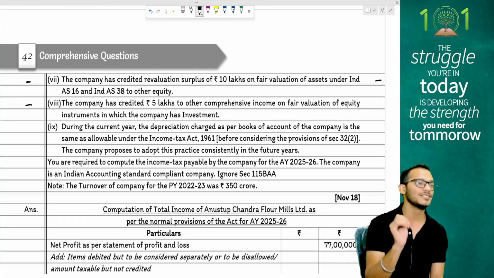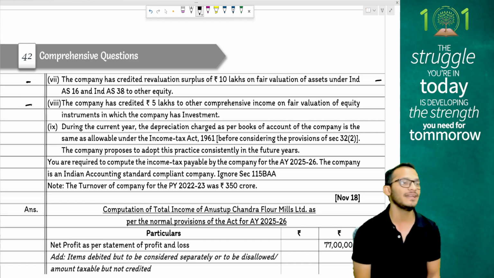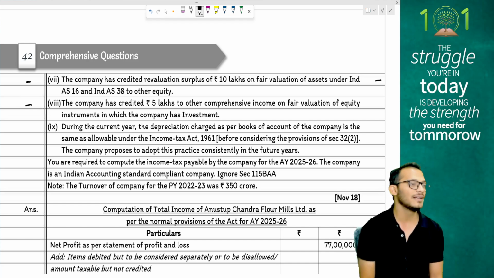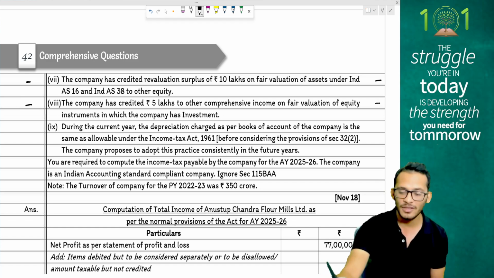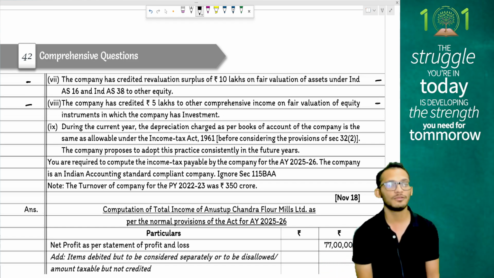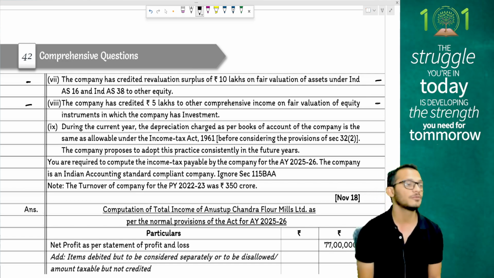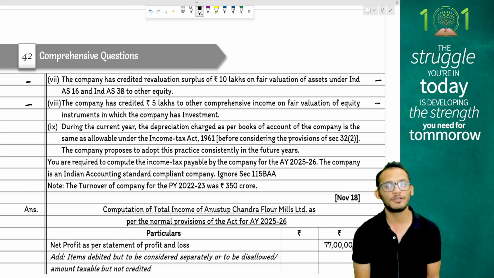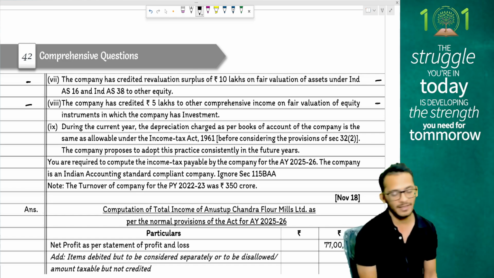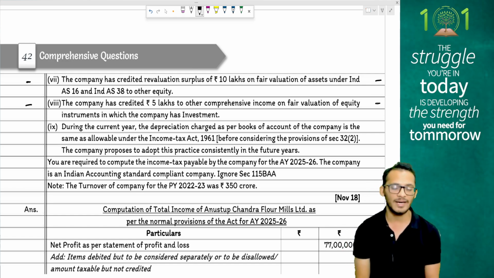It's fair valuation. Income tax says any fair valuation will be ignored. Ignore it for MAT also, unless it is certain and part of items which will not be reclassified to P&L.